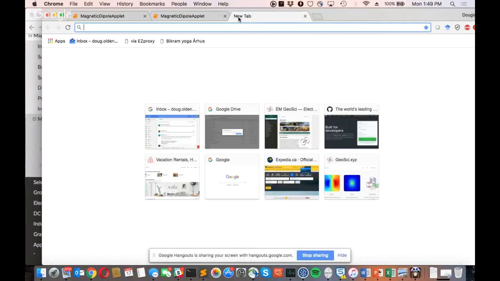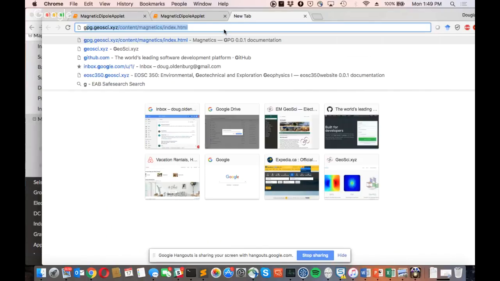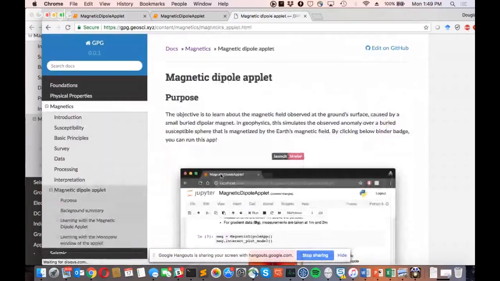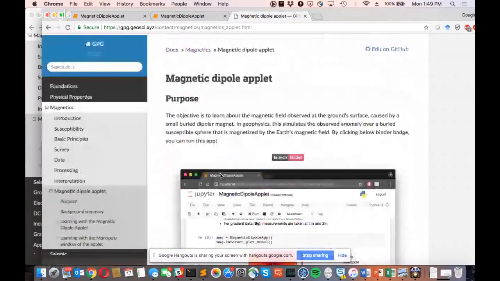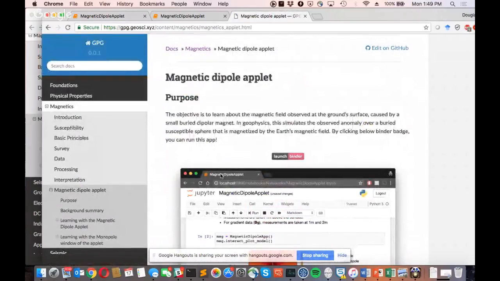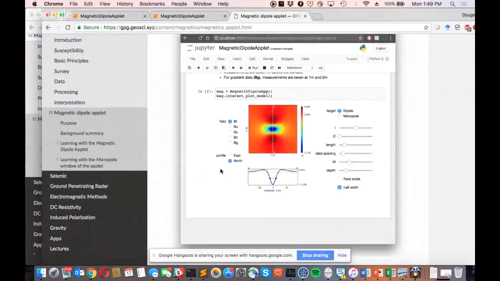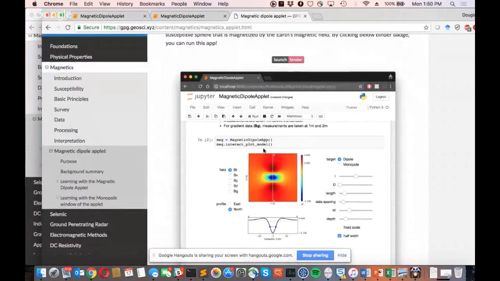So let me just close up here by doing one thing. If you go back onto the GPG, onto the magnetic app, you can launch it with Binder. That's this button up here.